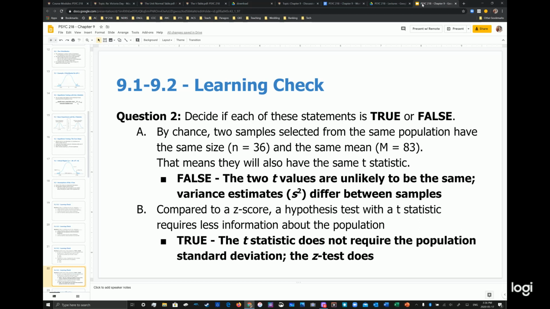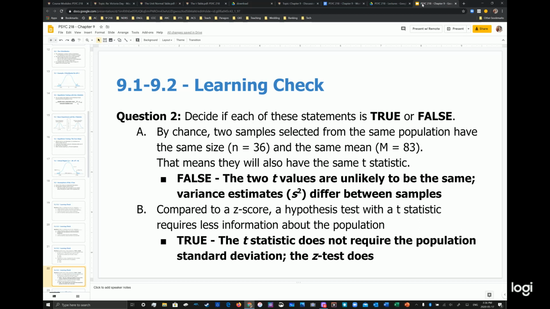So for the first statement, it is still false because the t-values would still be unlikely the same because the standard deviation or the variance estimates would still be different.